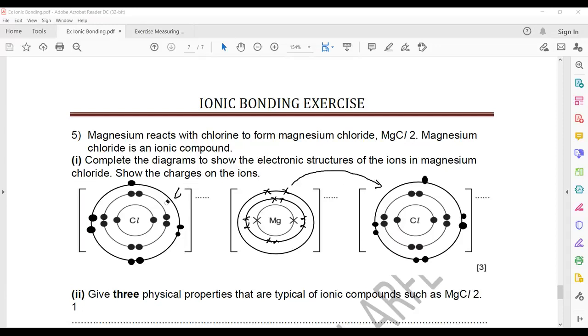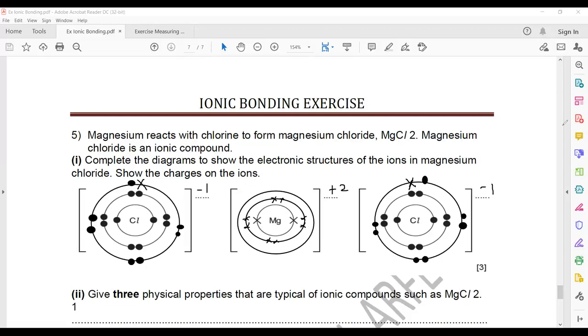So what will be the new structure now? As the 2 electrons in the outer shell of magnesium are transferred to chlorine, each chlorine will have 1 extra electron. Because chlorine takes 1 extra electron, the charge will be -1. Magnesium loses its last shell electrons, so the charge should be +2. And this chlorine also took 1 extra electron, so the charge will be -1.